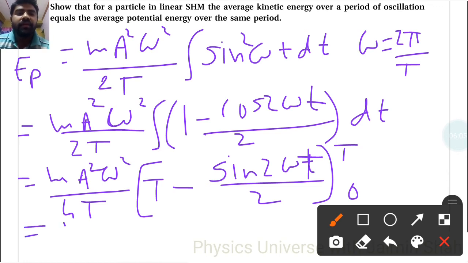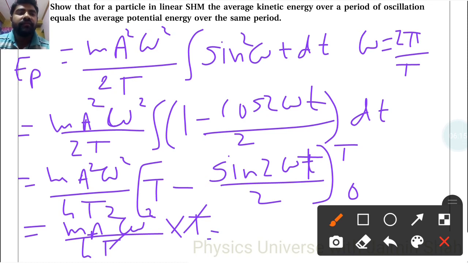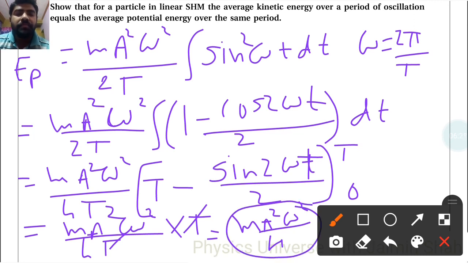So again we have m a square omega square upon 4T into T. The T gets cancelled out, so we are left with m a square omega square upon 4. So both have the same value, m a square omega square by 4. The average kinetic energy is m a square omega square upon 4, and the average potential energy is also m a square omega square upon 4. So this question is hence proved.